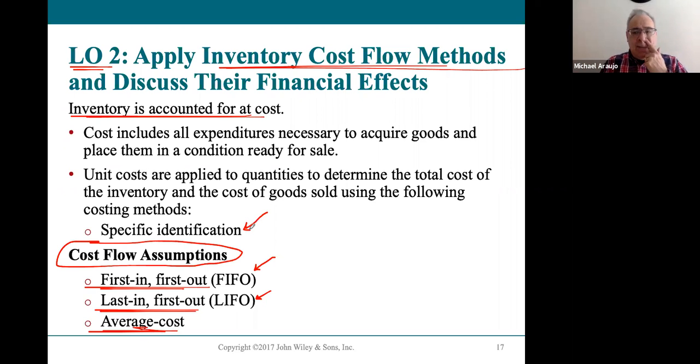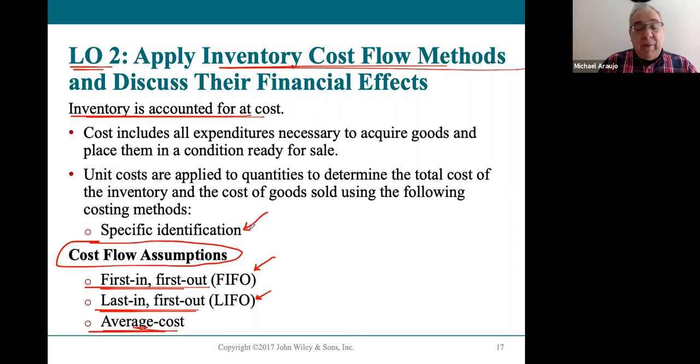What we're not going to go into is another specific type of method called specific identification. It's listed there. It is a cost flow method. It's legit. It's only used really with very unique products when you can identify the specific cost of everything that's used. So it's not widely used.